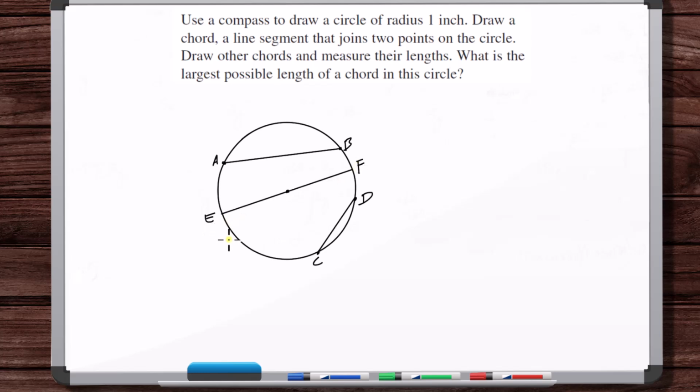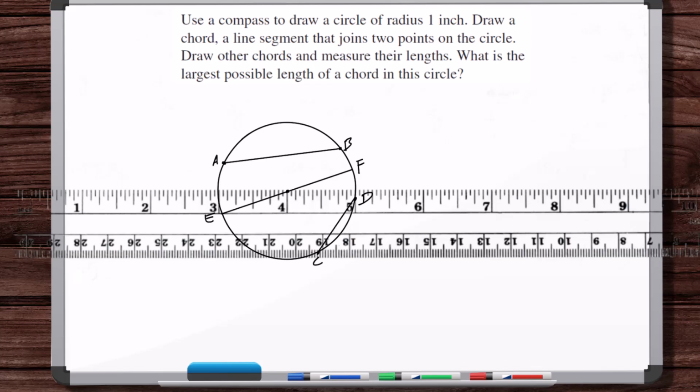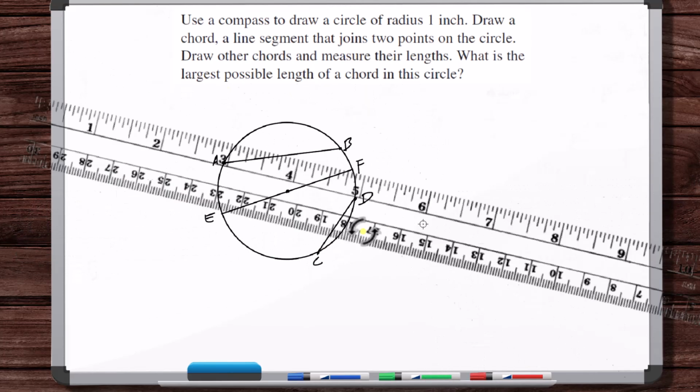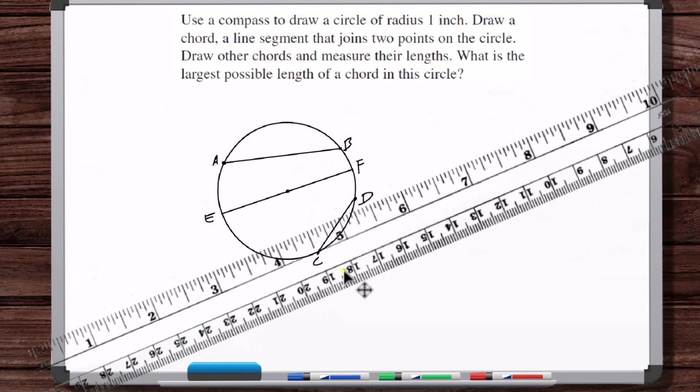I'm not going to go through the measurement, but if we took out the ruler, I think what they're going for is that we know the radius is 1 inch. So if we measured EF, it's going to be 2 inches. We expect that EF would be 2 inches. And let's go ahead and do it. Why not? So we expect EF to be 2 inches.